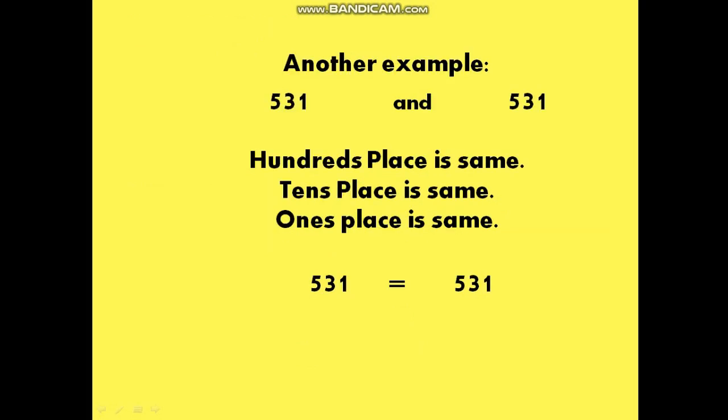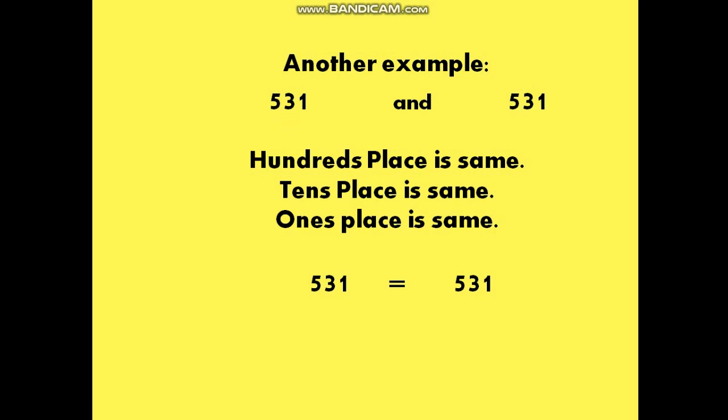Let us take another example, and this one is an important example. The first number is 531 and the second number is also 531. Now, when we compare them, the digits at the 100s place are the same, which is 5. Digits at the 10s place are the same, which is 3.